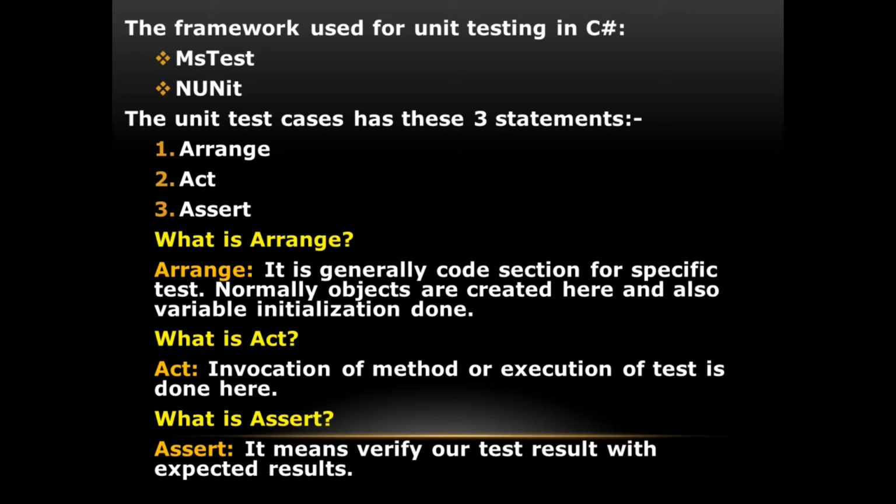What is act? You have to invoke some action inside the component, and that is done here. And what is assert? Here you will be verifying your actual result with the expected result.